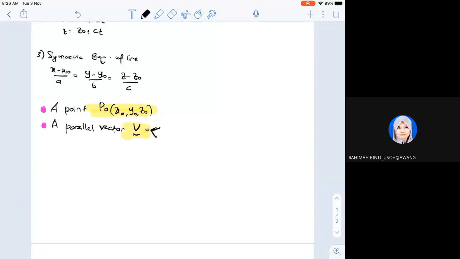So the elements are A, B, and C. Or you can also write parallel vector V as A in I direction plus B in J direction plus C in K direction. So it's up to you. Sometimes the students like to use this formation of writing. Both are the same. But for me, I would rather use this formation. It's much easier because we just use sharp bracket to form the vector.